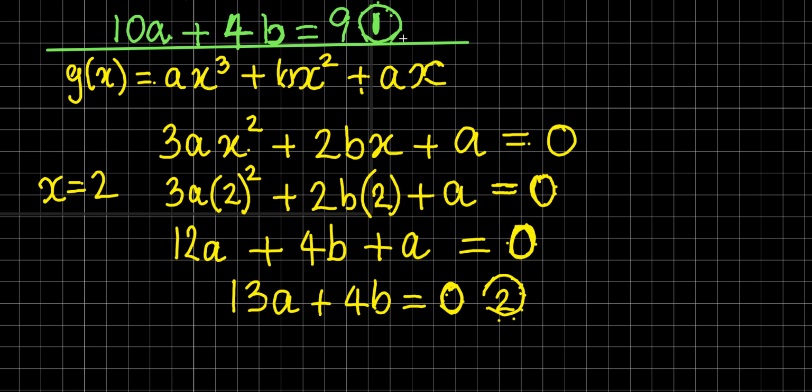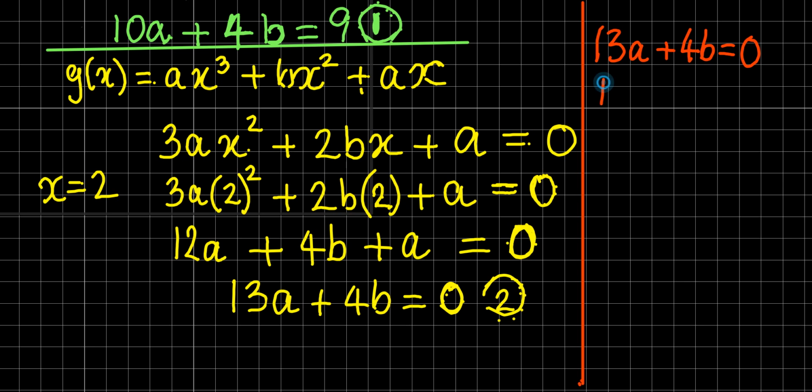So we're going to use that to help us find the value of a and the value of b. So we have 13a plus 4b is 0.